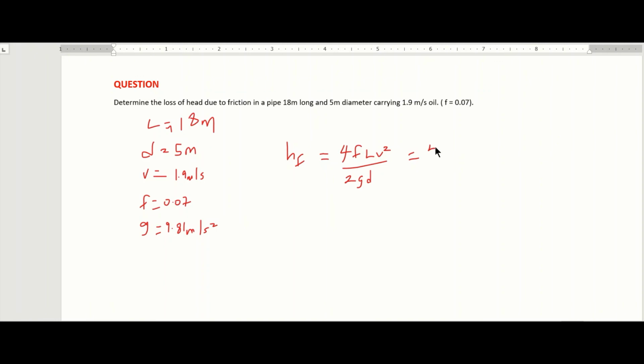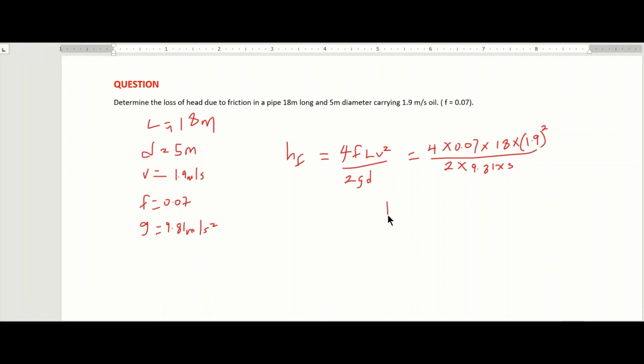So we have 4 times my F, which is the Darcy's coefficient, 0.07, times the length of the pipe, which is 18, times my mean velocity, which is 1.9 squared, over my 2 times my G, which is 9.81, times the diameter, which is 5.